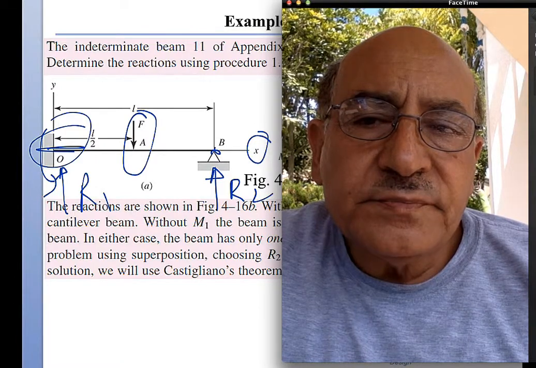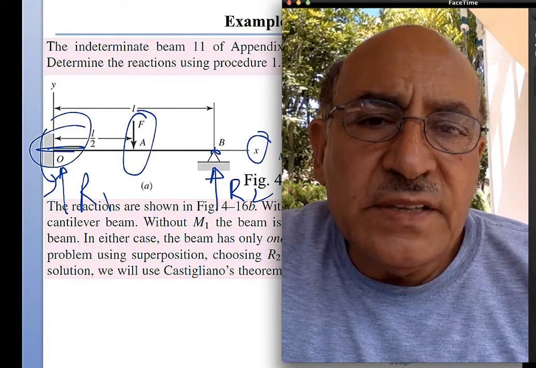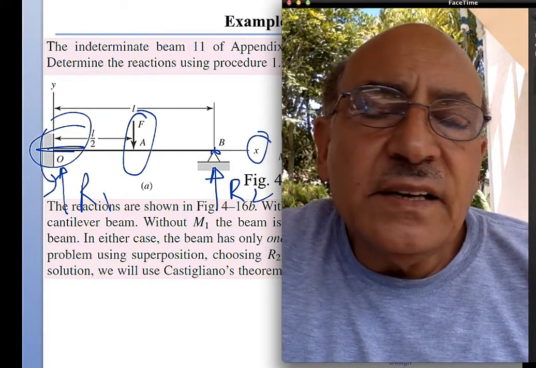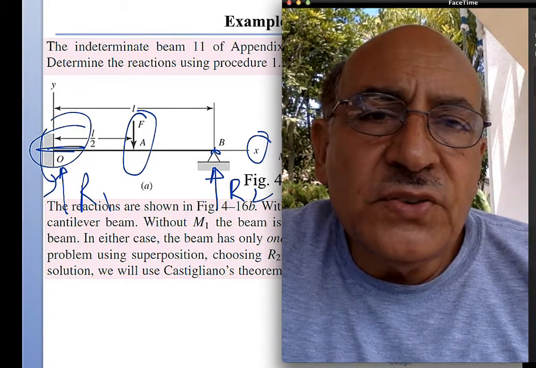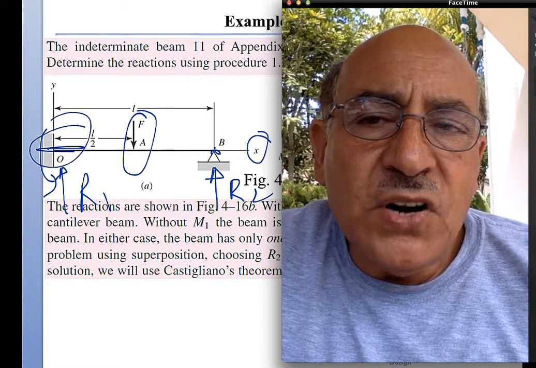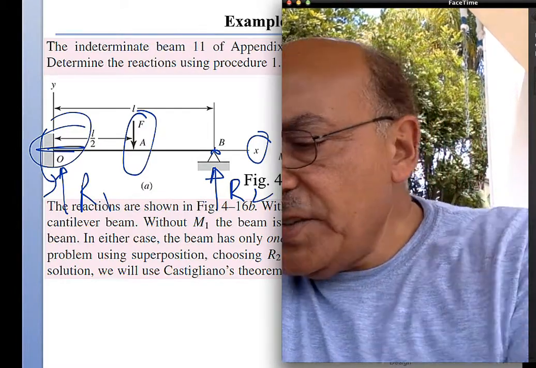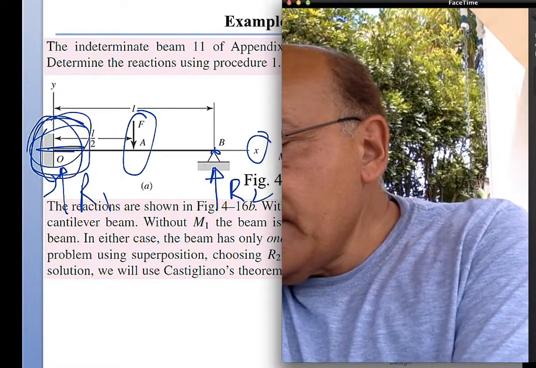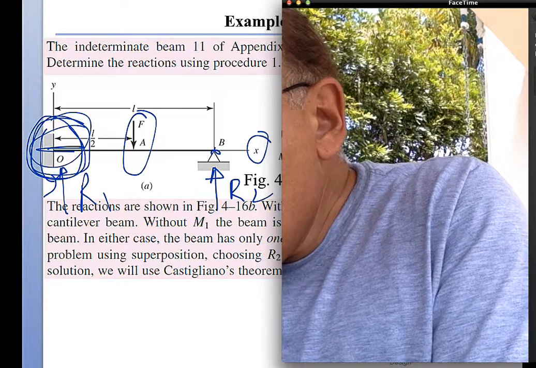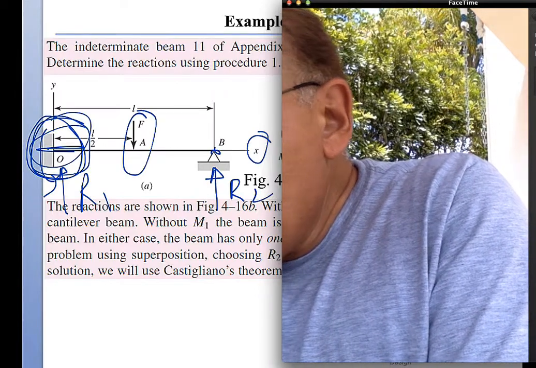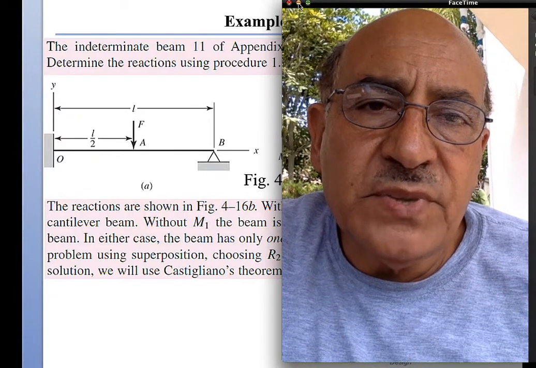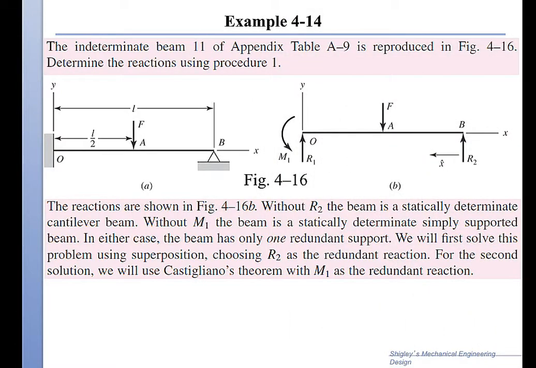And what we will do here is that we're going to write two equations in three unknowns, and then try to find the third unknown using Castigliano's theorem, because we know that the rotation on this end here is 0. So the rotation of the beam is actually 0 on this end. And that's what we will utilize in this idea. So let's proceed with this and write these equations.